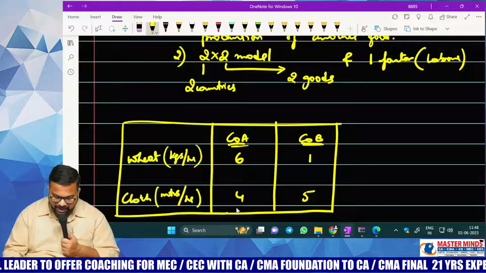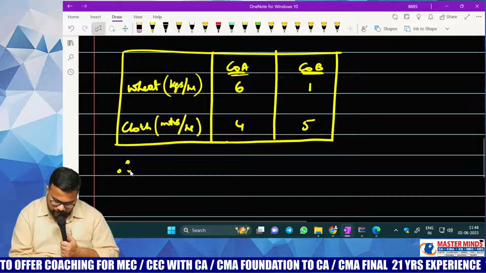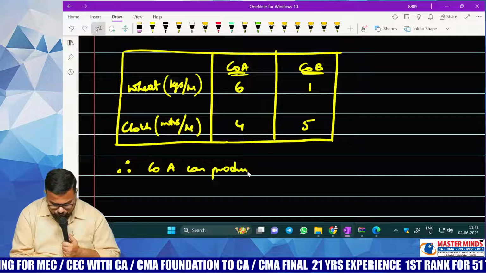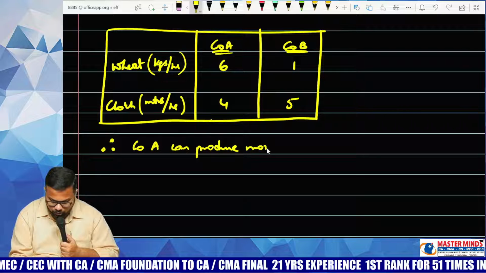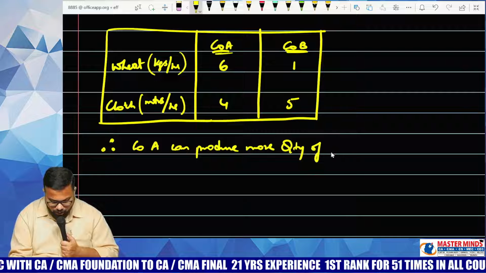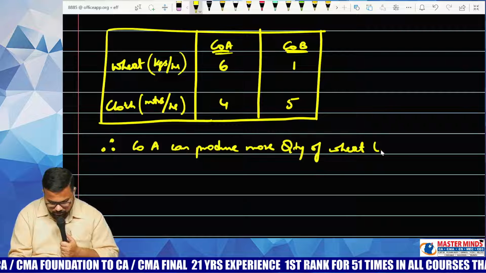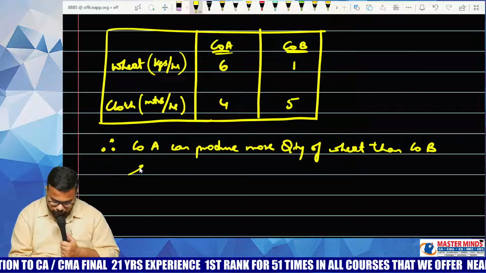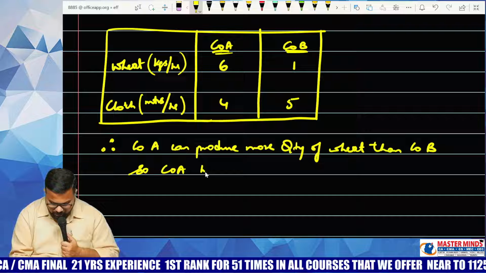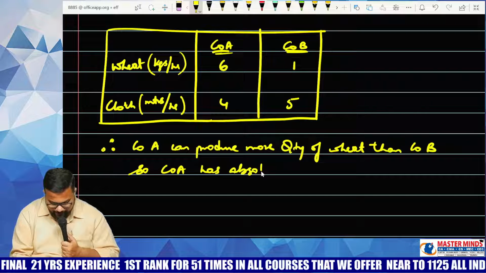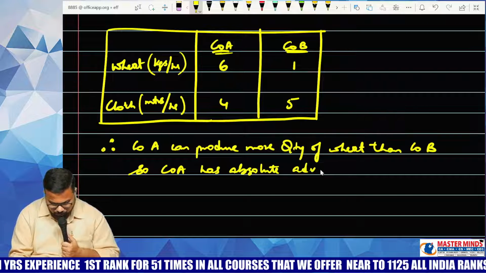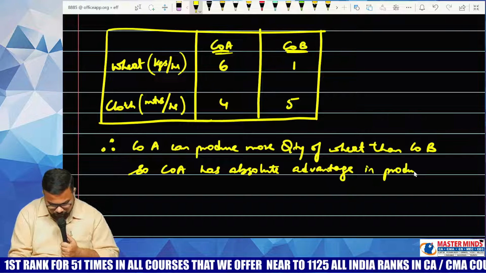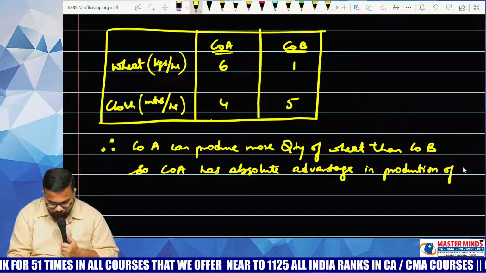So country A has absolute advantage. Therefore, country A can produce more quantity of wheat than country B. So country A has absolute advantage in production of wheat.